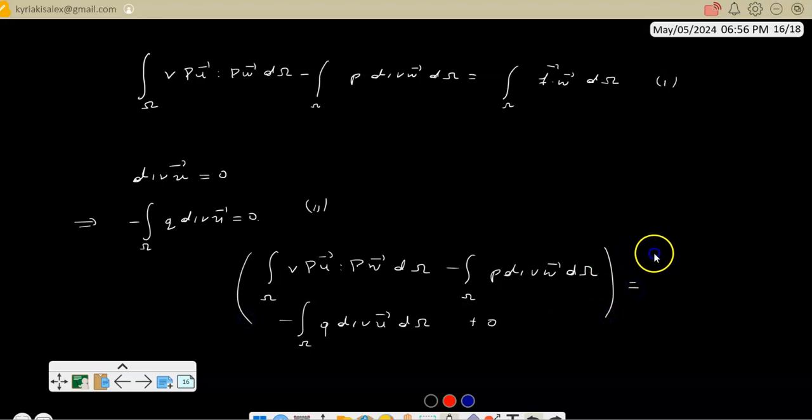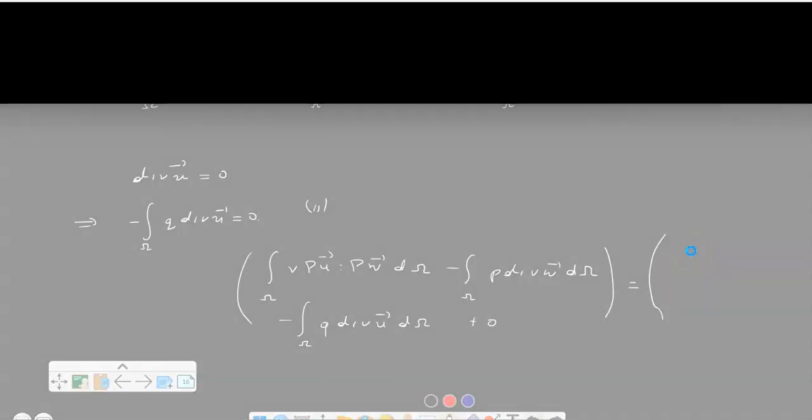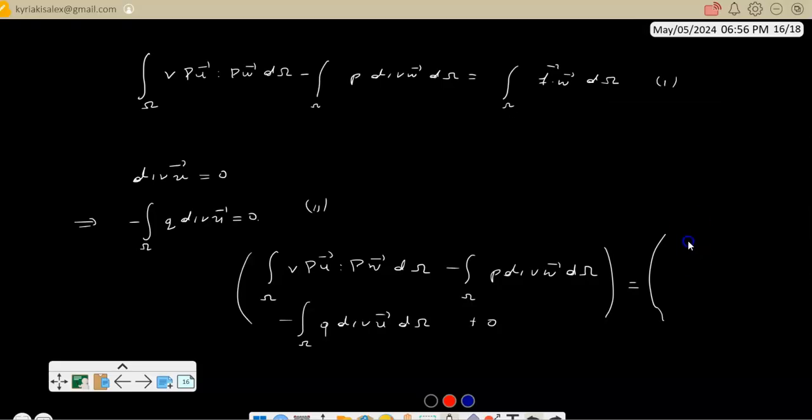We can write it in matrix form like this. And at the right hand side, we have the contribution of this integral, the integral over omega, f times w.